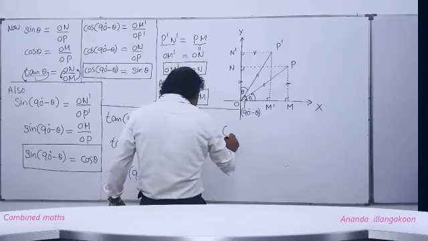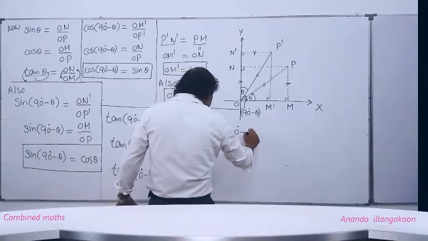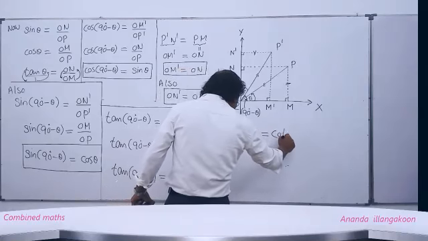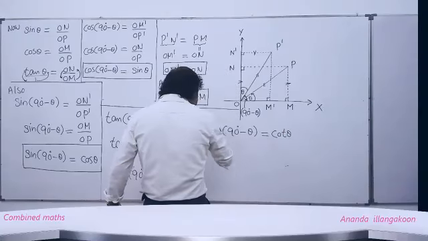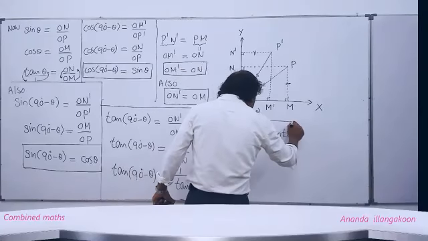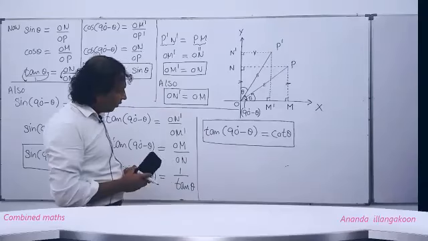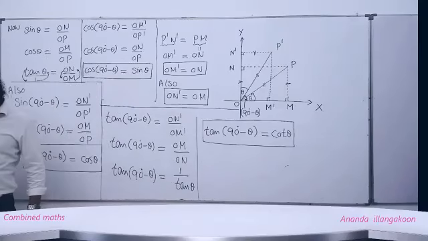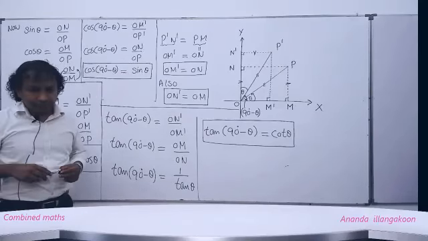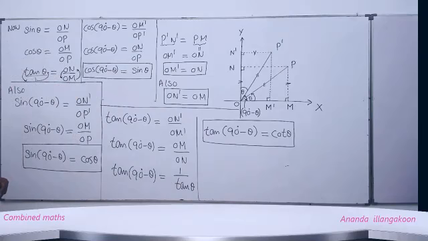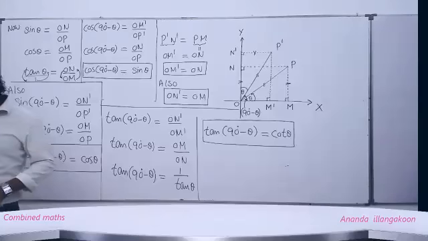Tan(90 minus theta) is cot theta. These are the results that we needed to take. Okay, now people, you will see here what has happened.